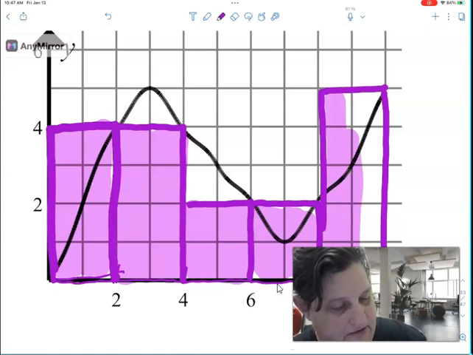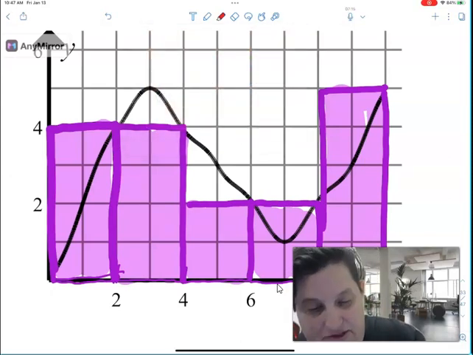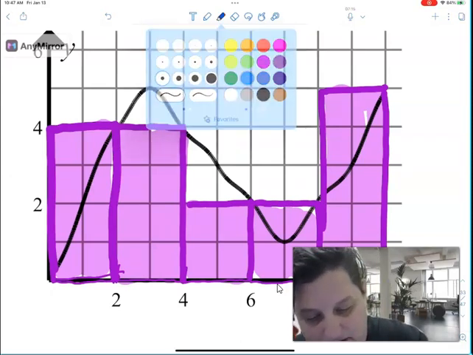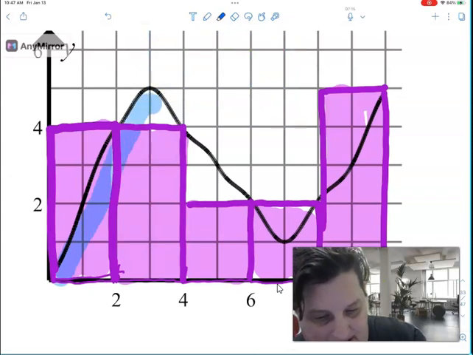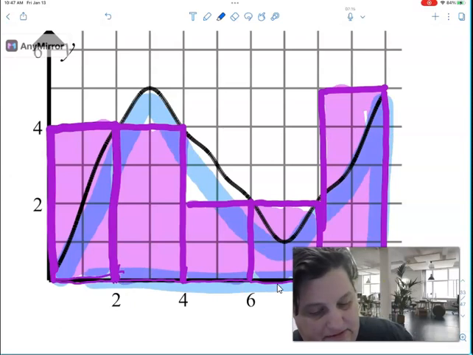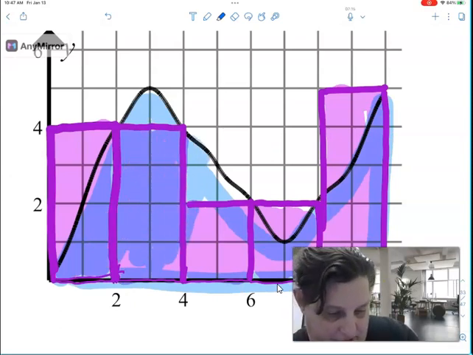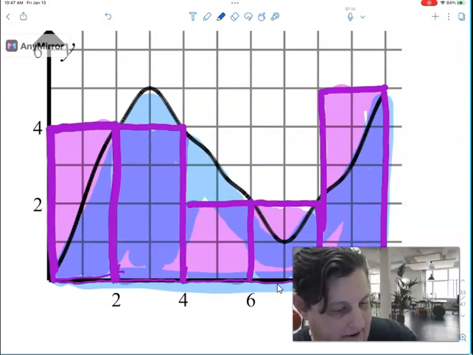I can look at this and ask, do I think this is an overestimation or an underestimation? Remember what it actually is. So compare my purple to my blue right here.